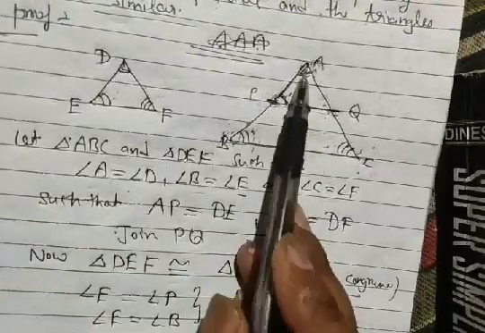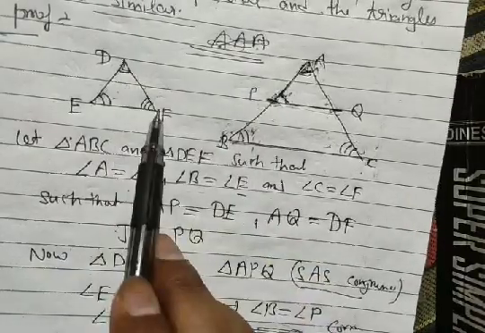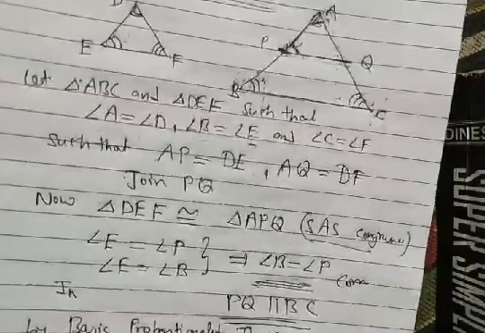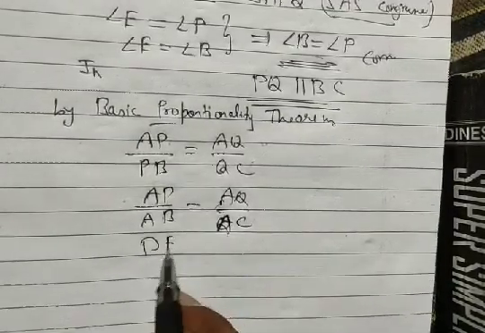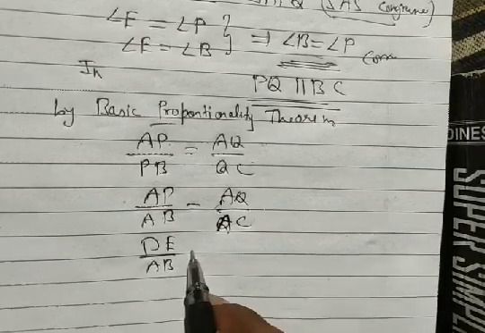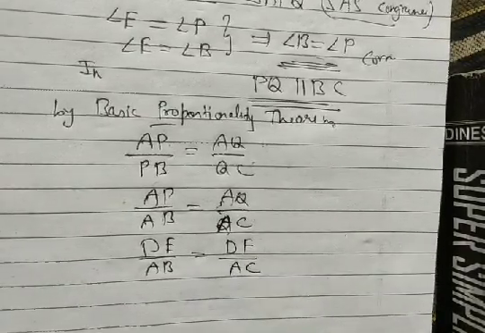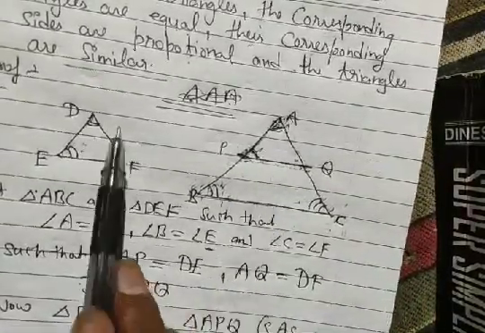But look, we drew AP equal to DE and AQ equal to DF. Now we are going to change our AP to DE and our AQ to DF. Then we have DE is to AB equal to DF is to AC, because our AP is equal to DE and our DF is equal to AQ.